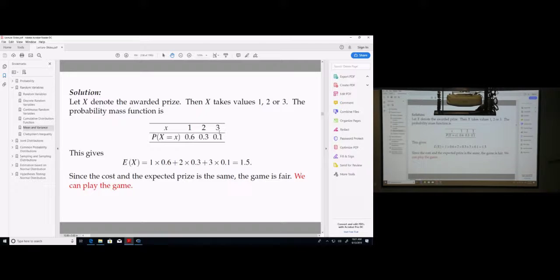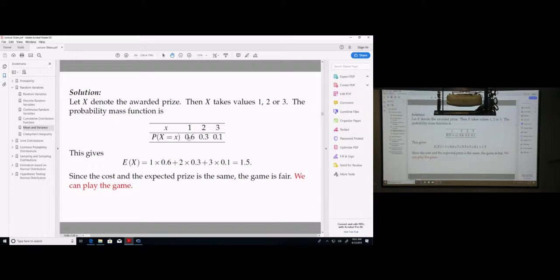If you are more comfortable with Excel, you can do so. It works out that the expected value is equal to 1.5, so the cost and the expected prize are the same, and the game would be fair.